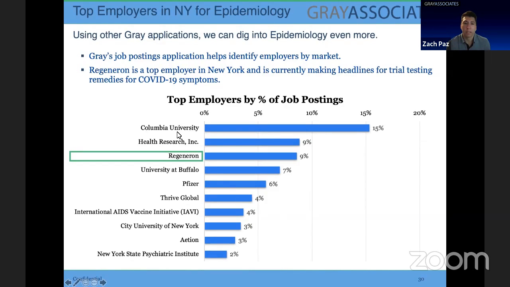Some other employers on here, Regeneron is actually making headlines right now for COVID, for trial testing remedies for the COVID-19 symptoms. So it's pretty interesting to see that this is one of the largest employers for epidemiology, as well as how relevant it is to the current situation around the world.